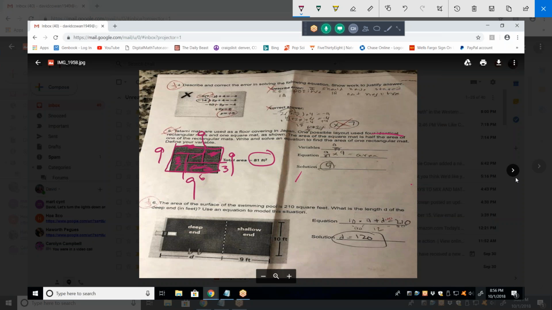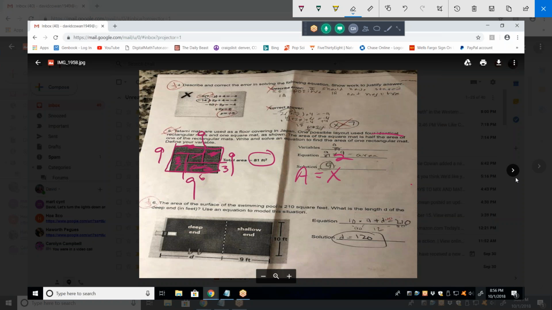The area of the square mat is the side of the square mat squared, and that area equals half of one of the rectangular mats. So the solution would just be 18.